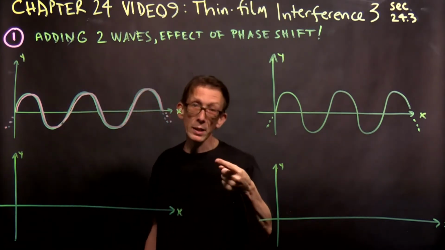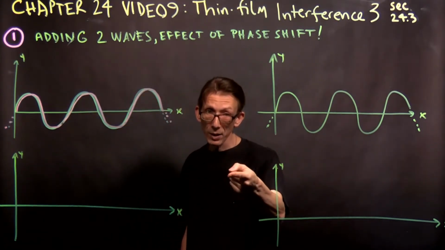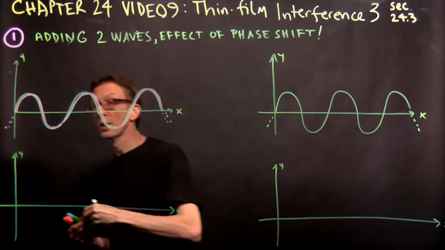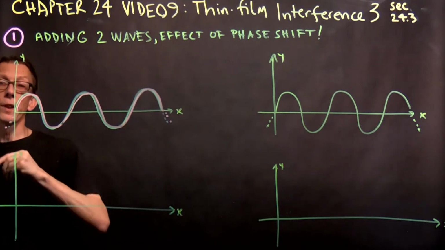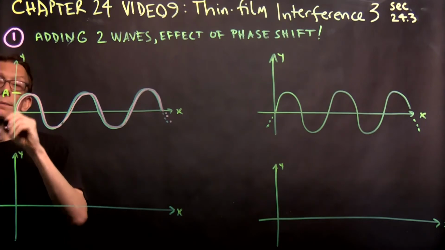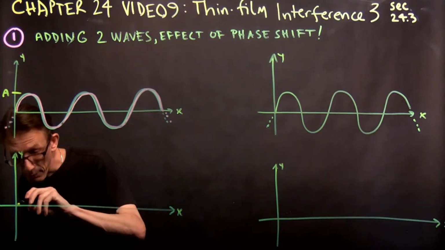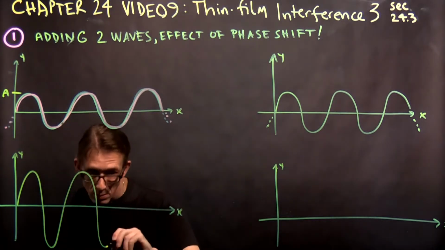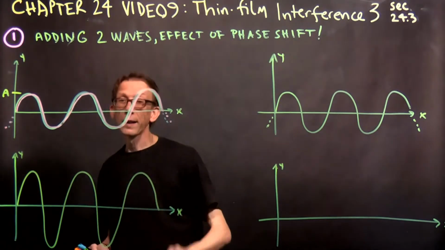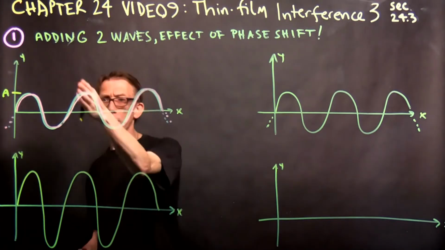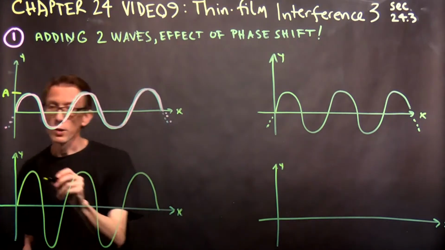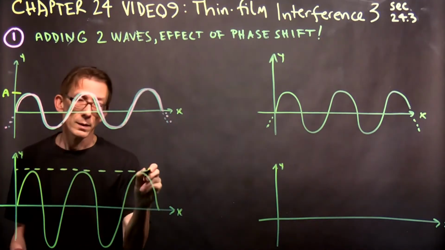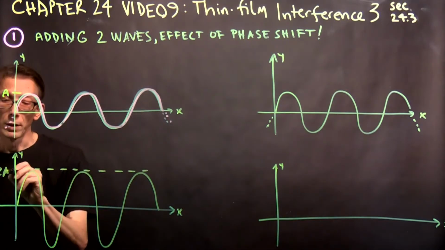If the amplitude of these waves is A, then you get a wave like that, with peaks lining up with peaks and troughs with troughs, so that now we have an amplitude of 2A.